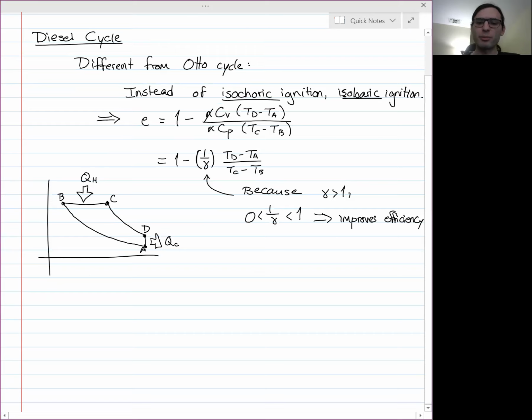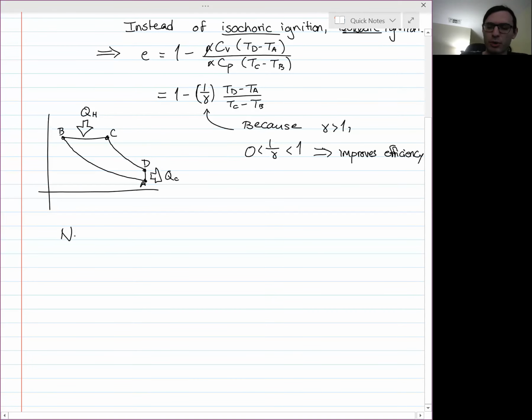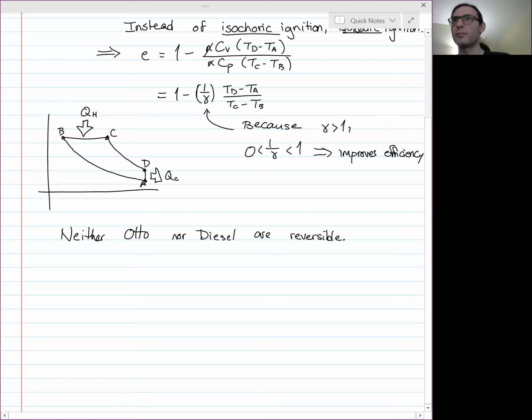Now, as a point to make, these are both great engines and we use them in real life, but neither the Otto cycle nor the diesel cycle are reversible. Now, we talked about reversible processes. One type of irreversible process is when you just have jumps in your PV diagram.